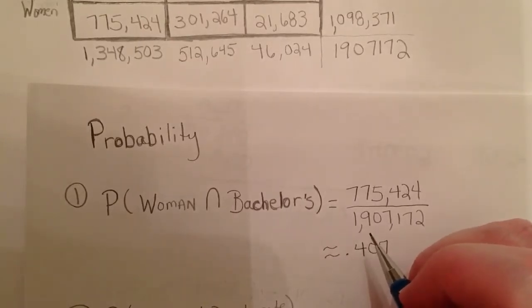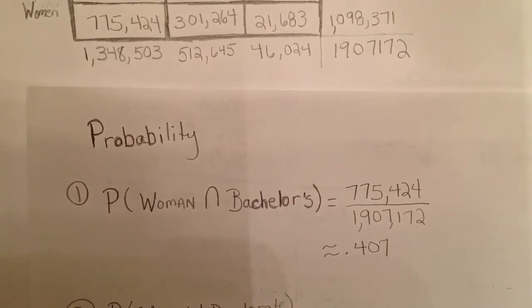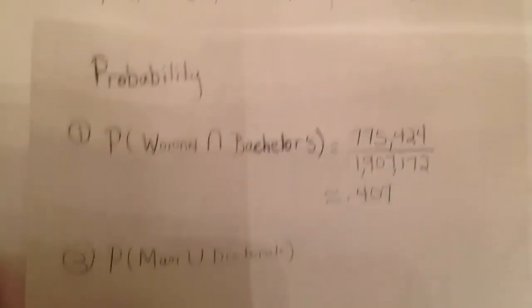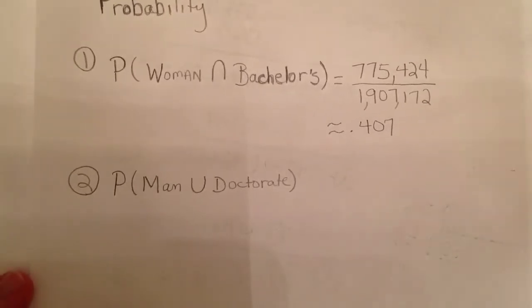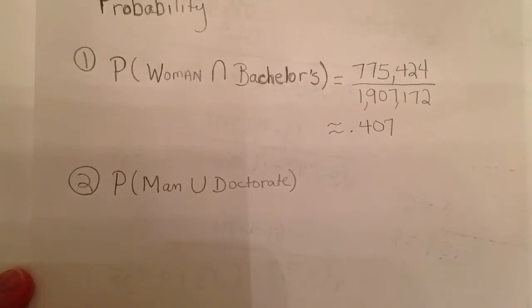Now, in the case of item number 2, we're looking at the probability that the degree recipient chosen at random is a man or one who holds a doctorate. Now with the word or, the operative is the union, and so we have the probability of a man or doctorate, and in this situation we are looking at the addition method.